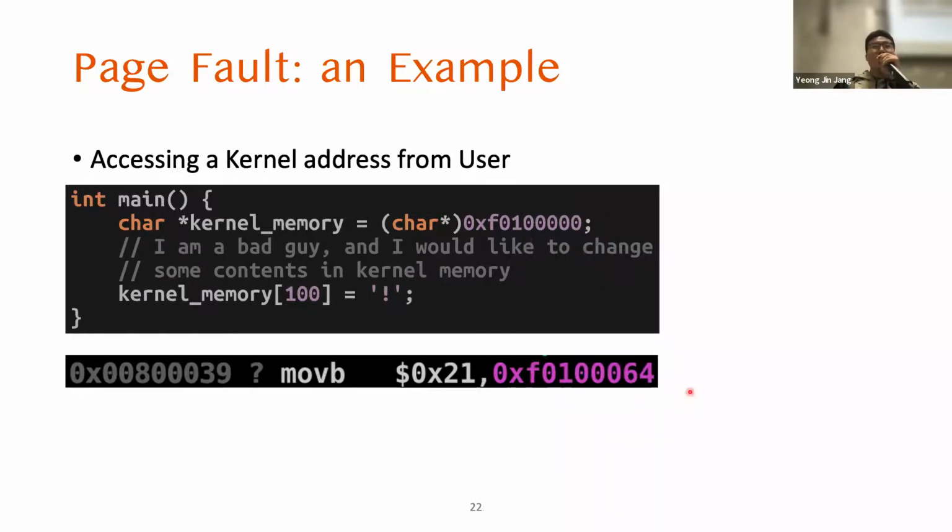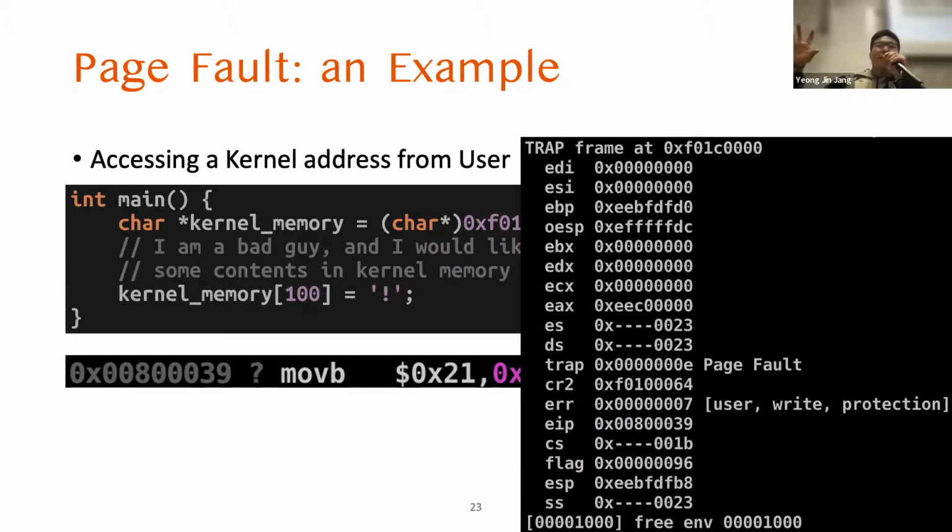So the CR2 register exactly stores the faulting address, the address that is problematic right now. The trap frame gives the information about the reason for the fault and where it happens. That kind of context is stored in the trap frame, and then delivered to the operating system when we handle the page fault.